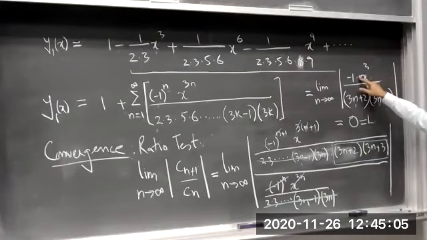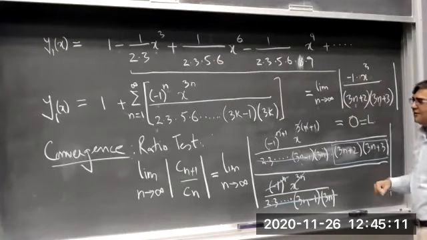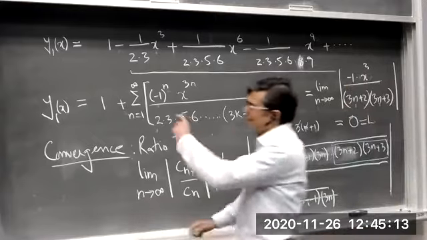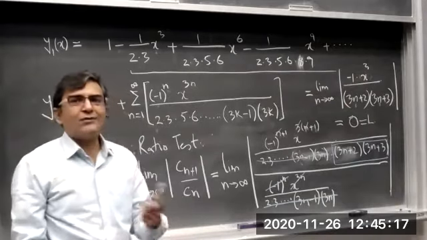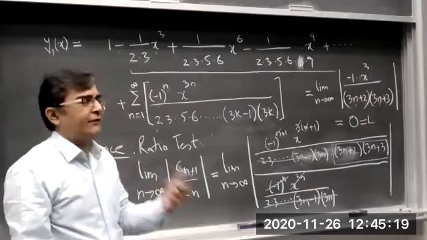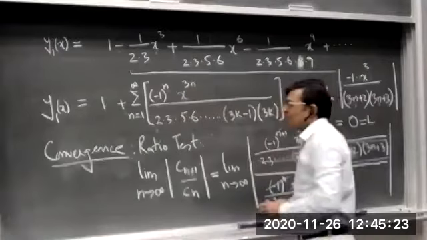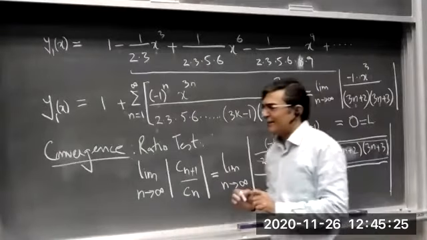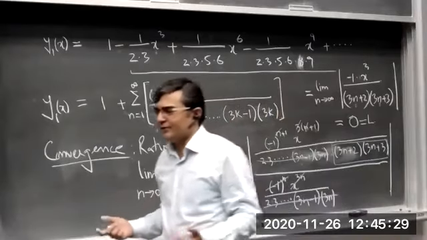If this series is convergent for any value of x, then what does it mean? That the given series is convergent for all x belongs to R. R is the set of real numbers. It means this series is convergent for all values of x, that is, all real numbers.